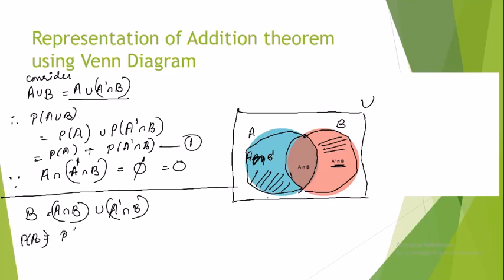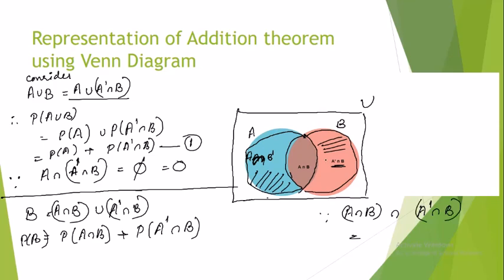P of B is equal to P of A intersection B plus P of A complement intersection B. Here also we have to take into consideration what A intersection B intersected with A complement intersection B is. Just see the figure. Is there any common element between this area and this area? No. So this is again phi, or it is 0.